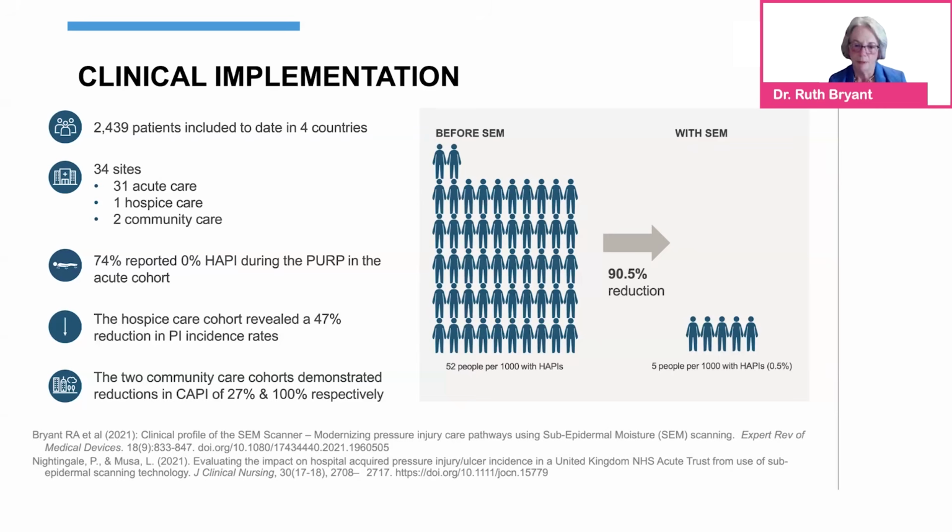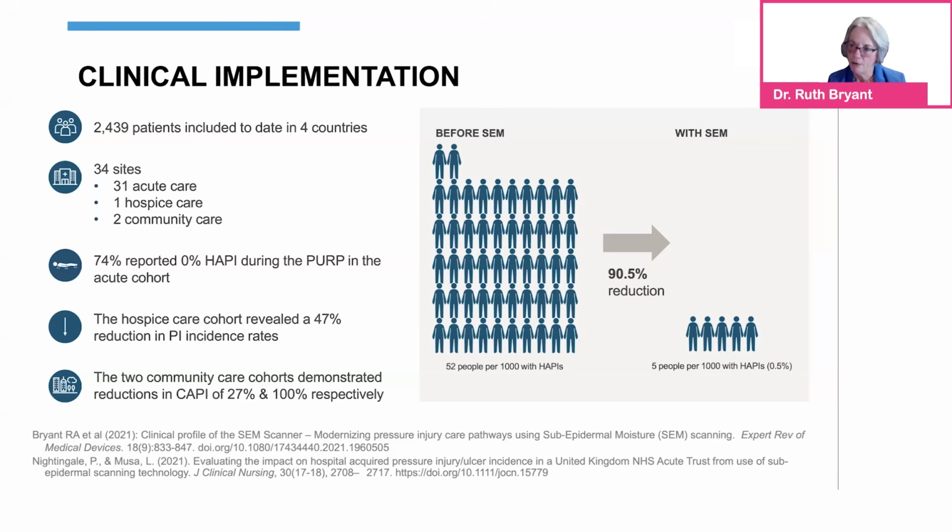And what this particular slide demonstrates is that in this accumulation of different patients in different settings, before they implemented subepidermal moisture, they had 52 patients per 1,000 with a hospital-acquired pressure injury.